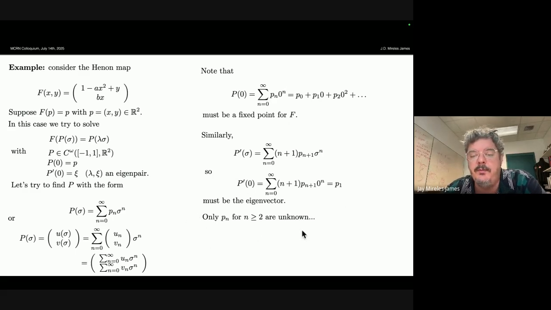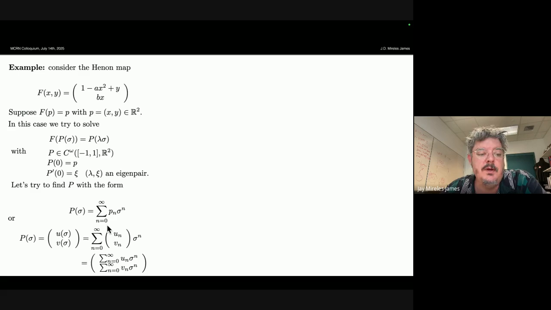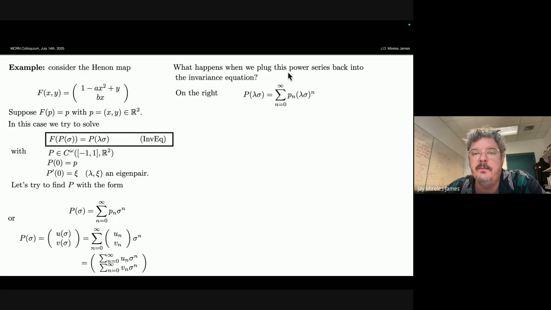And now what about higher order coefficients? To see these, instead of continuing with this game of differentiating P, we'll just take this power series and try to plug it into the functional equation. On the right, it's easy, right?